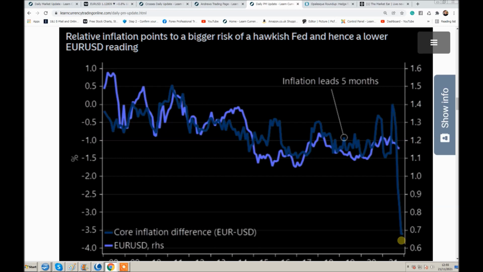That's going down, okay? That means that inflationary pressure is worse in the US than in Eurozone. That means that the Fed will be more hawkish than the ECB going forward in terms of reducing stimulus and raising rates. So the euro will fall in response to that.